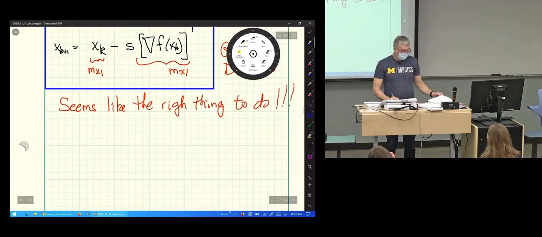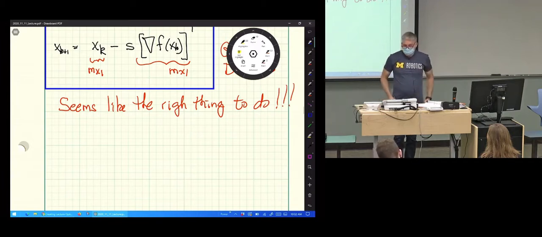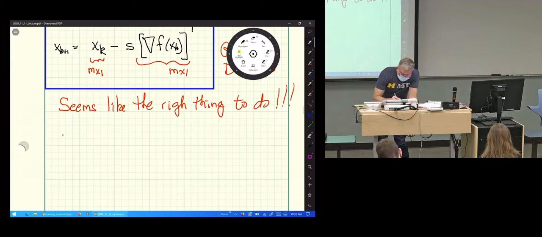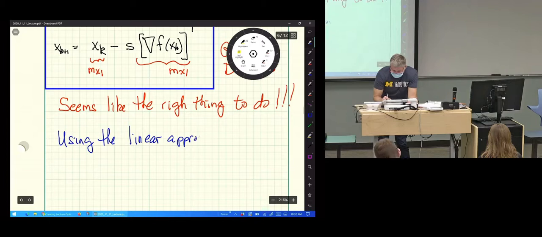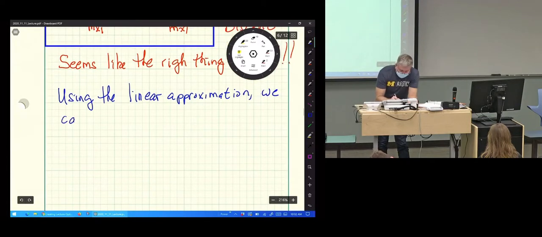Okay. Now, using the linear approximation, we can show it's the right thing to do, okay?